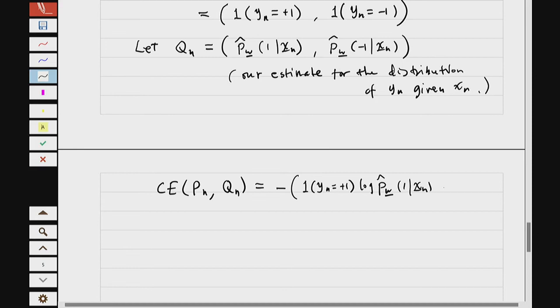I have a mistake in my notes. And then plus the indicator that yn is -1, times the log of the probability of -1 given xn. Like that, right? Just substituting into that formula, that's all.